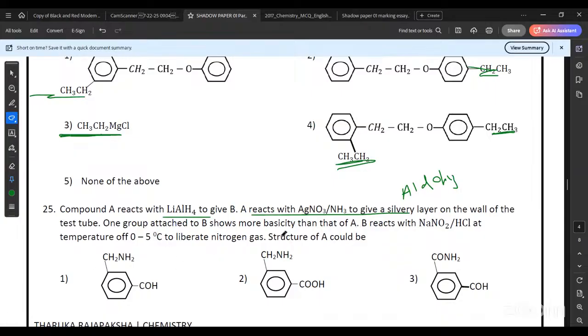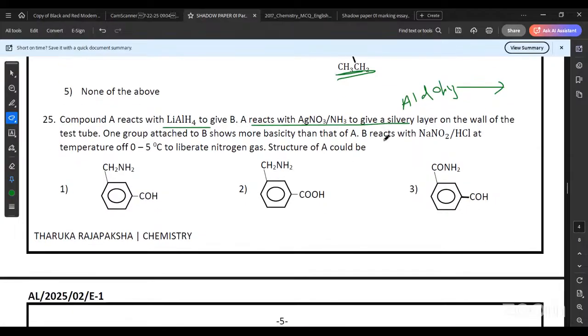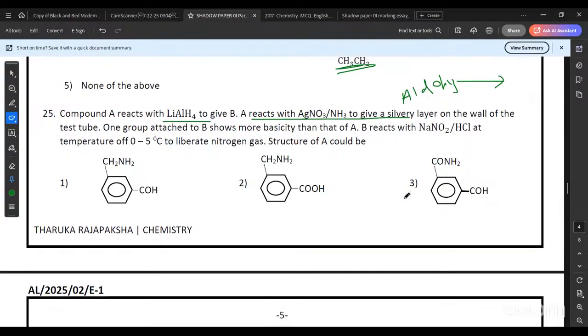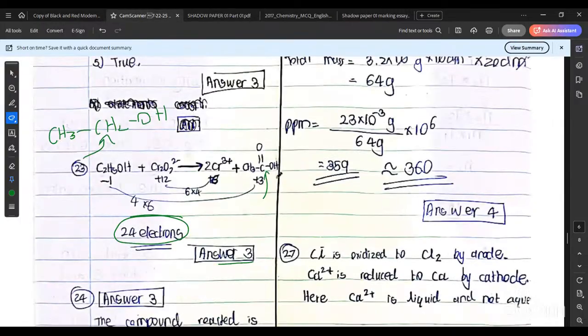One group attached to B shows more acidity than that of A. The aldehyde is reduced to give B. That means an amide should also be reduced to an amine here, right? B reacts with NaNO2 and HCl at a temperature of 0 to 5 degrees Celsius to liberate nitrogen gas. Liberating nitrogen gas means it is an NH2 group, an amine group.